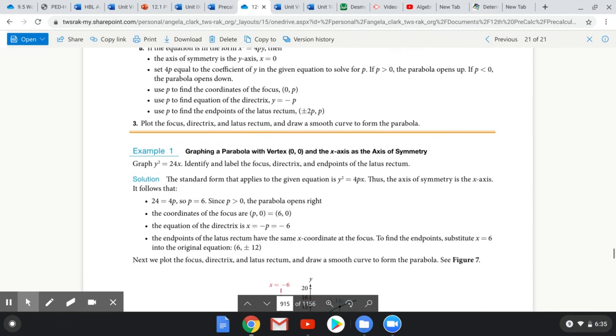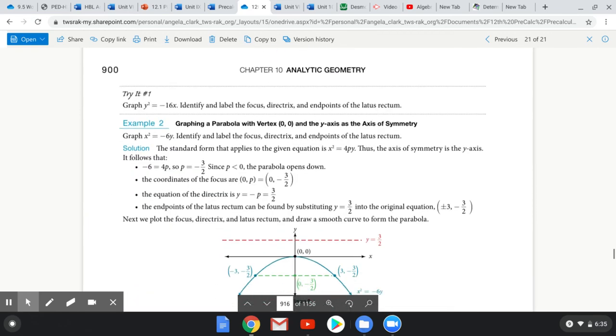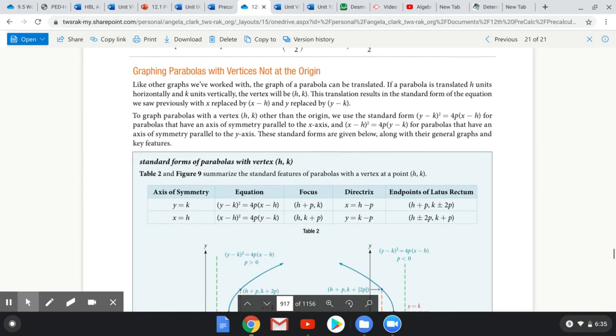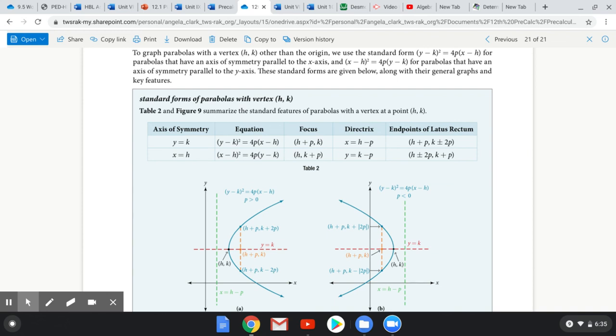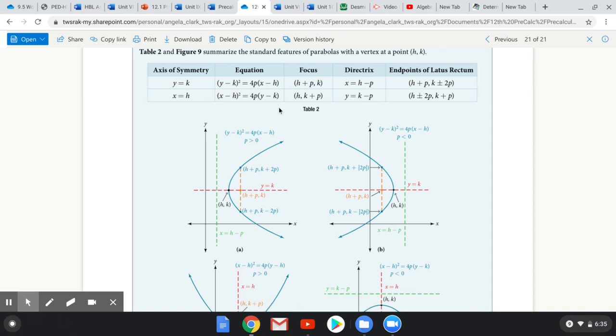Those are the basics on the equations. I want to get to the vertex not at 0. There we go. So vertex not at 0, same deal as before. We're going to have k minus something, h minus something, and instead of that being the center, it's going to be the vertex. So we've seen this before with vertex form of a parabola.